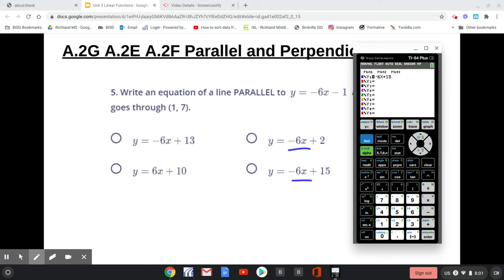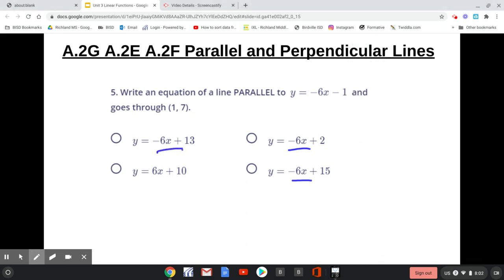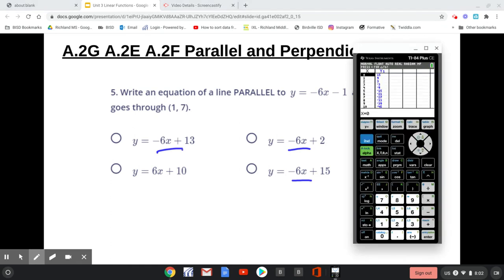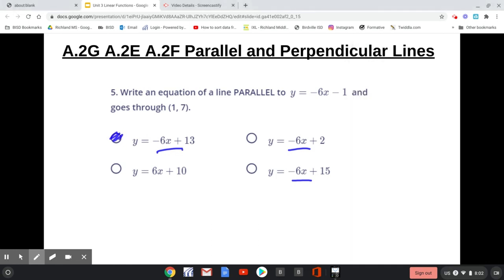We're going to hit second table, and we can see that when x is 1, y is not 7. Oh, because this one could be it as well. Here we go. So y equals, and let's put in 13. We're going to hit second table, and I can see then when x is 1, y is 7. So we know it's this one.